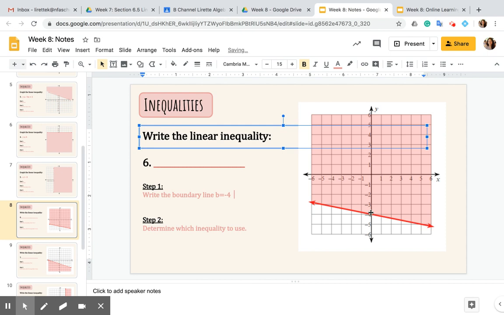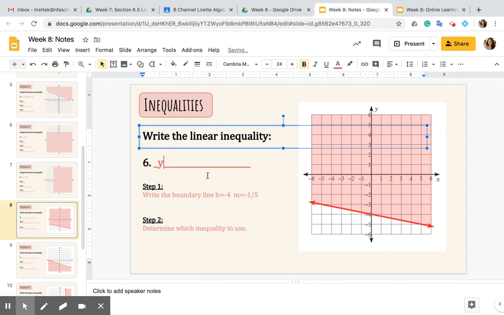And then I just pick another lattice point. Here's a good one, and here's a good one to determine what the slope is. So it's obviously got to be a negative slope because the line's falling. I go down 1 and then to the right 1, 2, 3, 4, 5. So it's -1/5 for my slope.